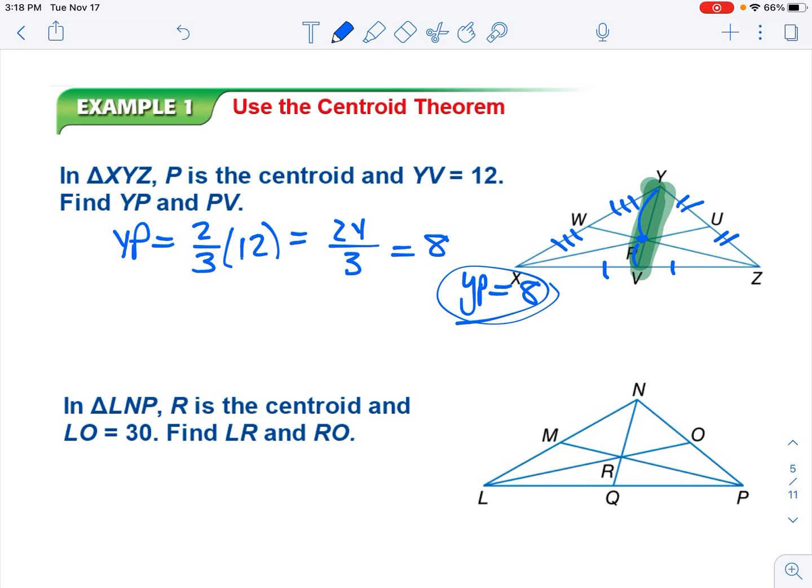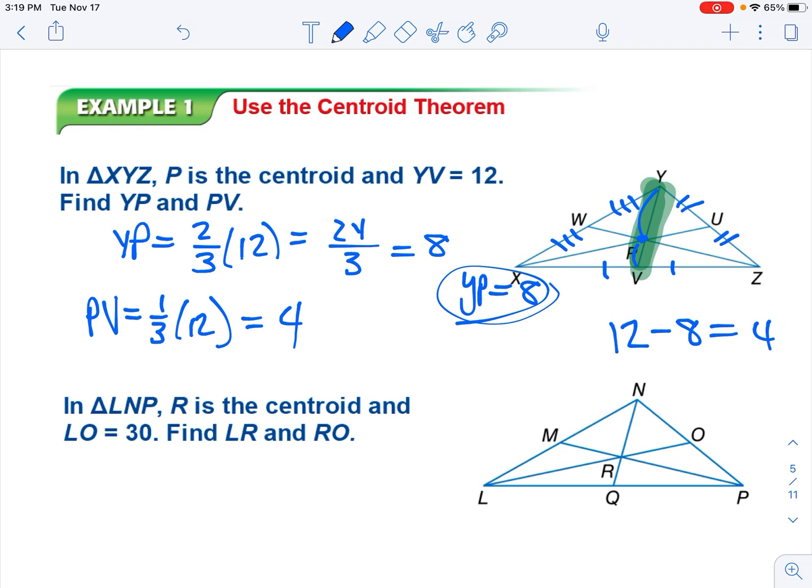Okay, now there are 3 different ways you could actually solve for PV. We can set up the secondary equation. PV is equal to 1/3 the whole thing, so that is 4. We can also know that the whole thing, 12 minus YP 8, has to equal 4, which is the leftover PV, still equals 4.